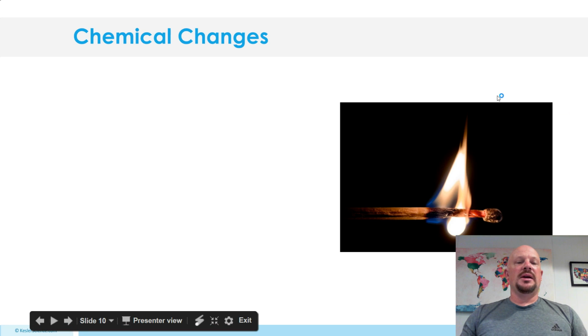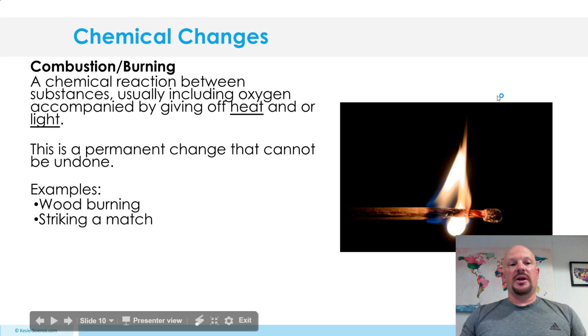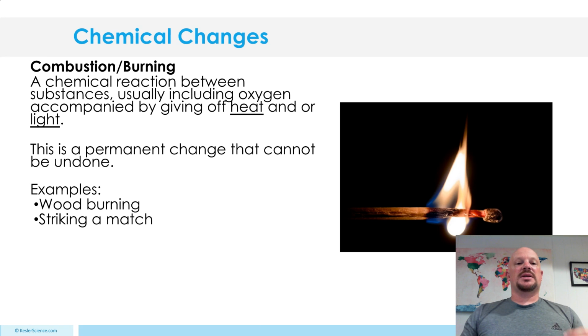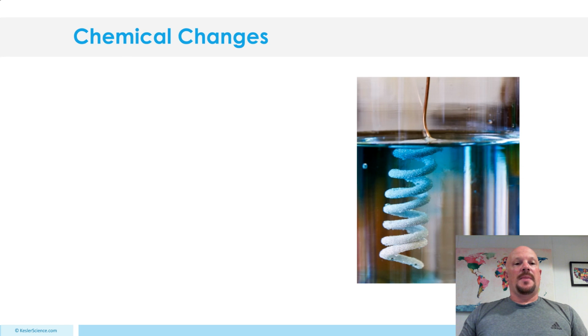Another example would be combustion or burning, a chemical reaction between a substance, usually including oxygen, accompanied by giving off heat and light. So it's a permanent change. It can't be undone. Wood burning, striking a match. These are things you can't go back and put in their original state. They're all chemical changes.